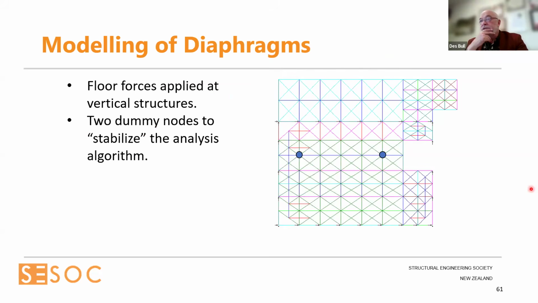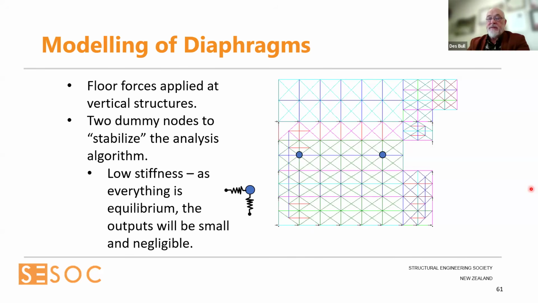The model we're suggesting is a big flat floor plate in the computer, just floating in space at this point. So we set up 2 dummy nodes to act as stabilizing points for the software algorithm. These have very low stiffnesses and should not attract too much of any forces. If you get large forces in these dummy nodes in your computer model, it means you've put some forces in the wrong direction and you haven't got equilibrium.